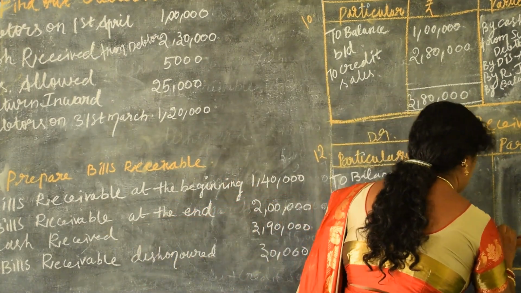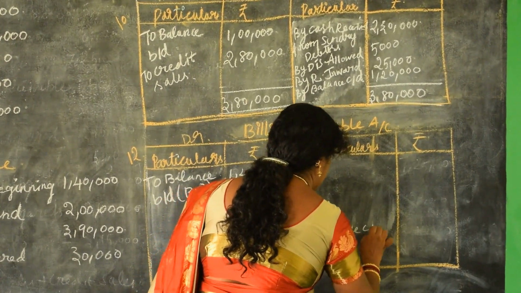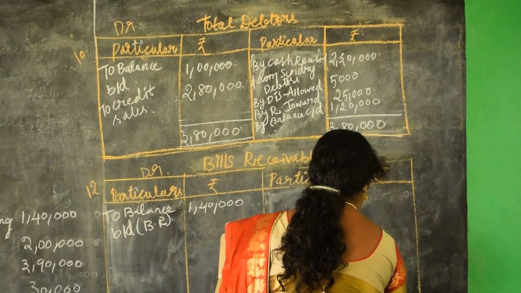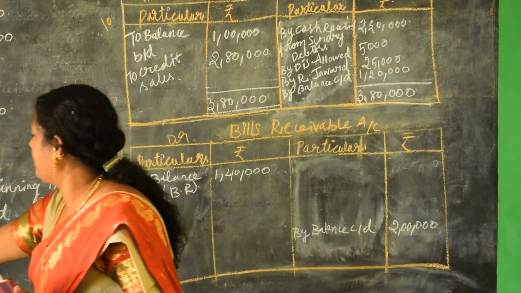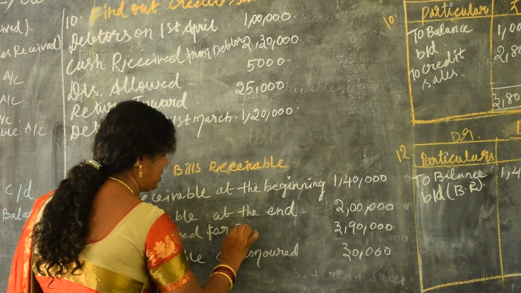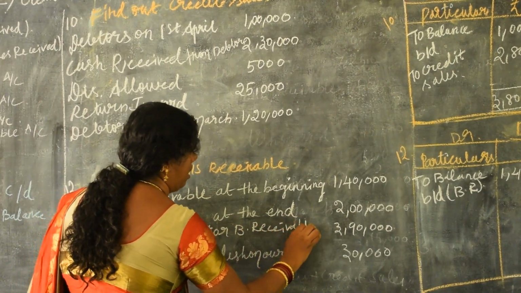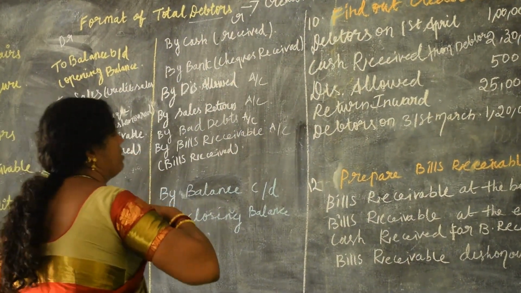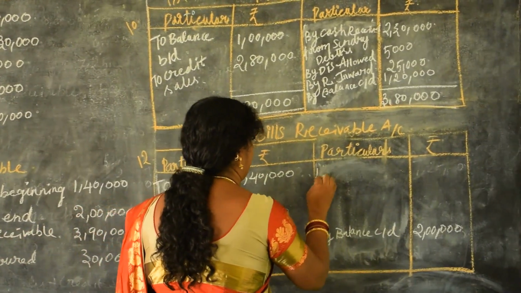It clearly indicates by closing balance c/d, 2 lakh. The next, cash received for bills receivable. Here I have clearly indicated: through the bank also we will receive the cash. Write it on the credit side.